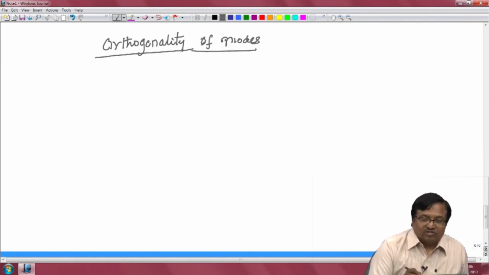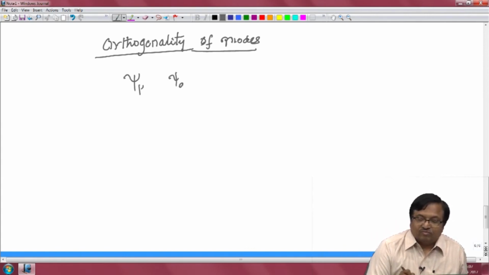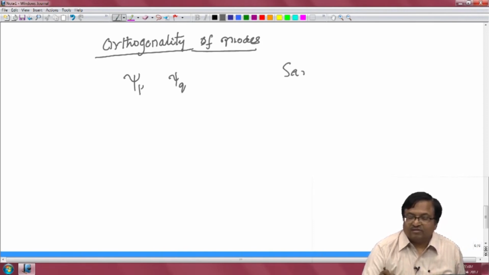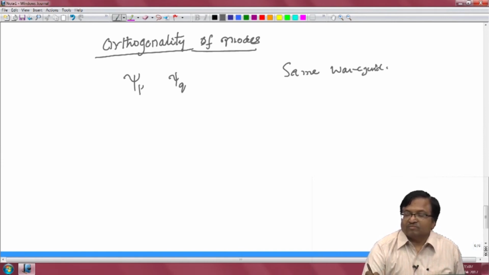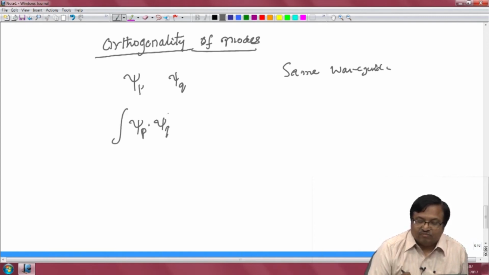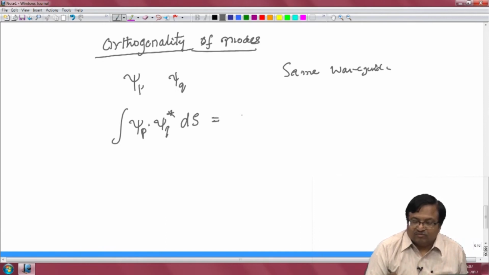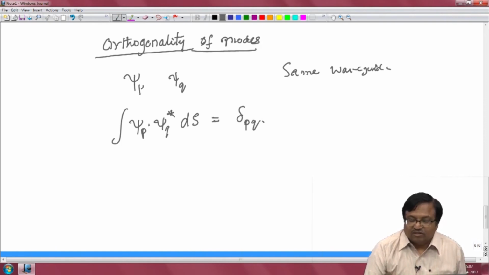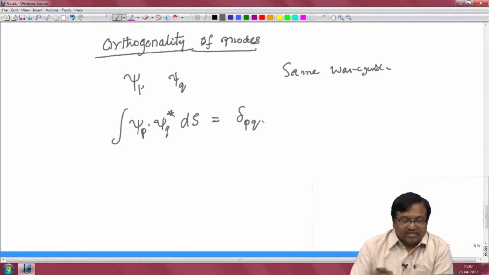Orthogonality of the modes implies that if you have modes psi p and psi q corresponding to the same waveguide, then they are orthogonal, meaning that the overlap factor of psi p multiplied by psi q complex conjugate over the entire cross section is equal to either 0 or 1 depending on whether we are talking about the same modes or not.